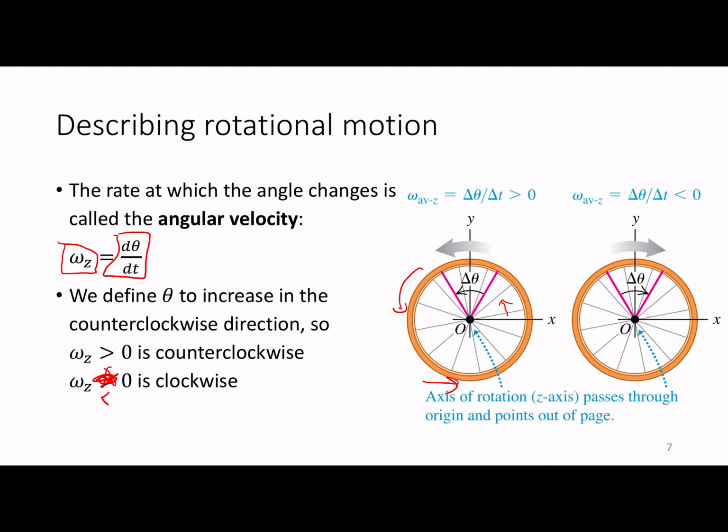So for an object that is rotating counterclockwise, theta is increasing with time and omega is positive if the object moves in the counterclockwise direction. Similarly, if the object is moving clockwise, then theta is decreasing as a function of time. So if omega is positive, that means counterclockwise if I'm looking down on the object like this. And if omega is less than 0, that means counterclockwise.